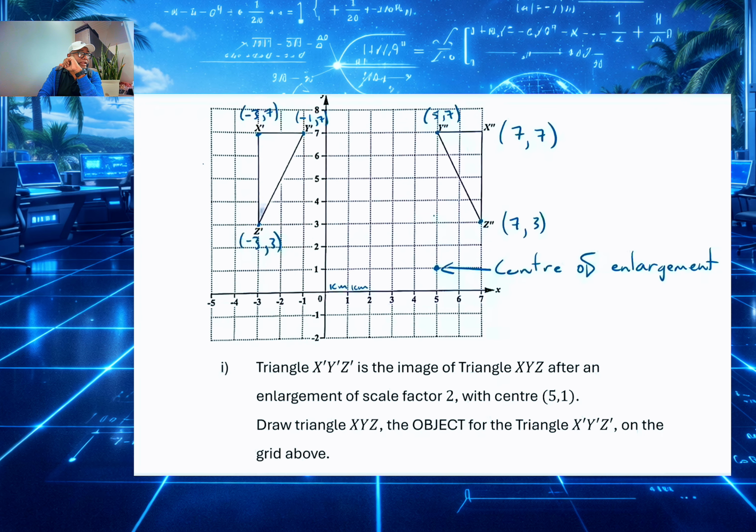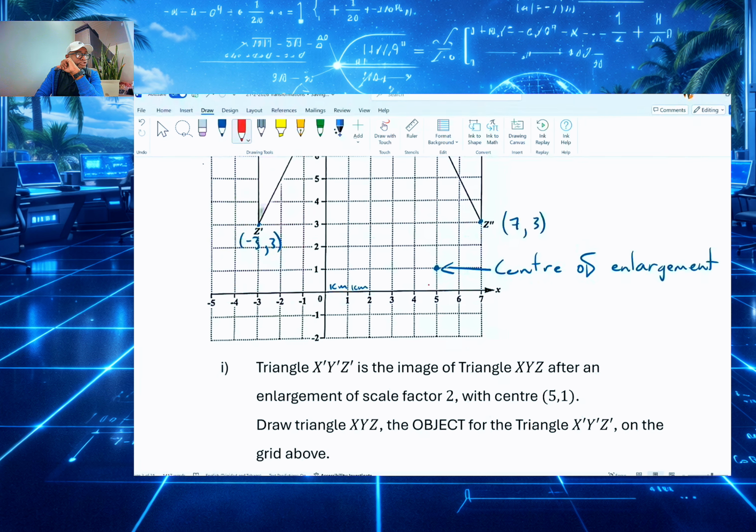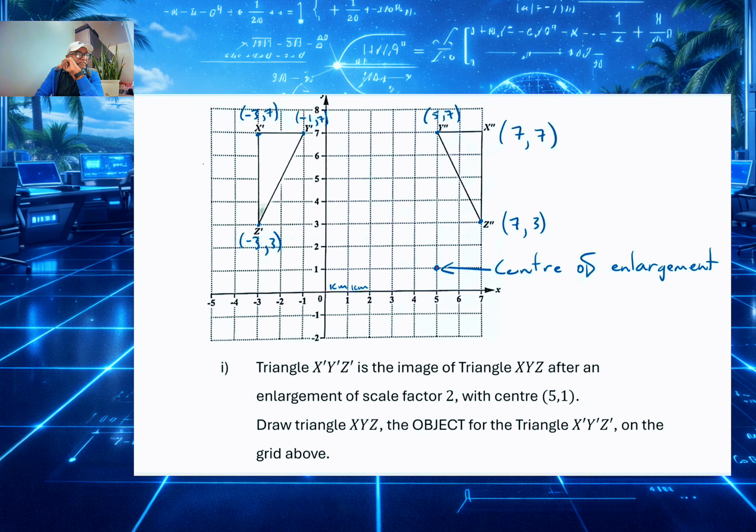Stay with me, right? Let me use red lines. So you're going to draw a line from the center of enlargement to all the corresponding points, right? So draw a line from the center of enlargement to every single vertex in the triangle X', Y', Z', right?